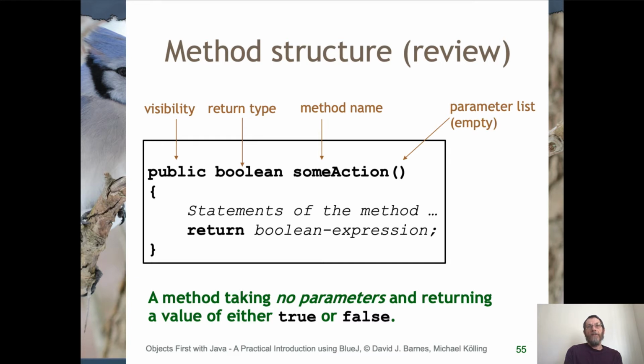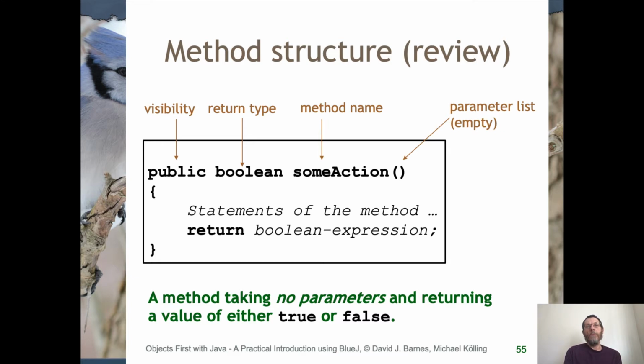And so at the end of the method's body, I've indicated a return statement, and I've said we will be returning the value of a Boolean expression. Now that could literally be the value true or the value false. Alternatively, it could be any expression that gives a true-false result.